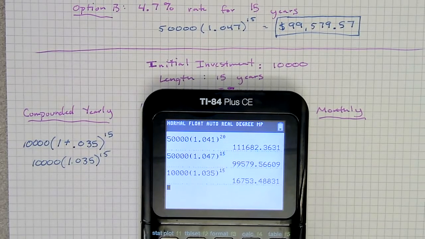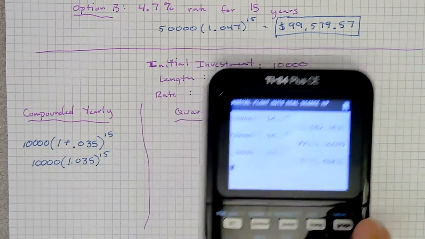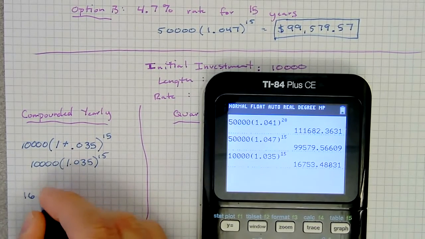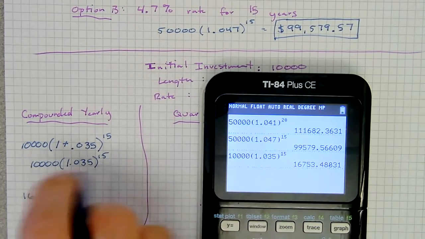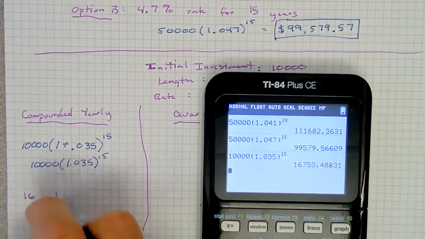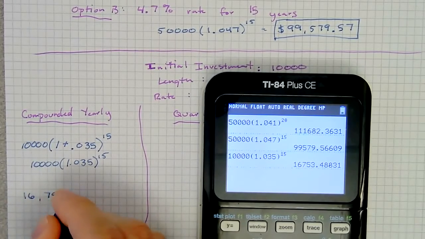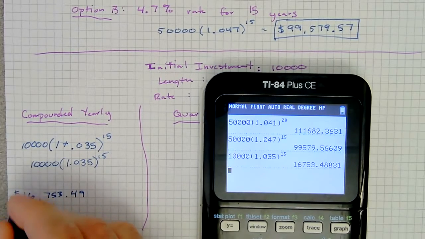Okay, so that 10,000 after 15 years is now $16,573 and 49 cents.